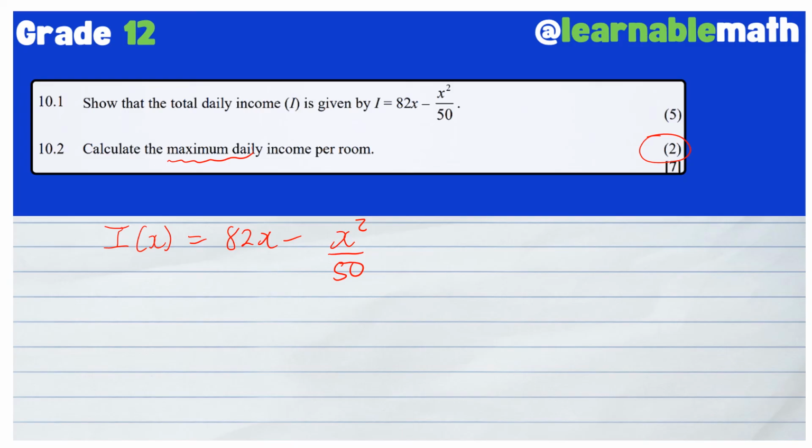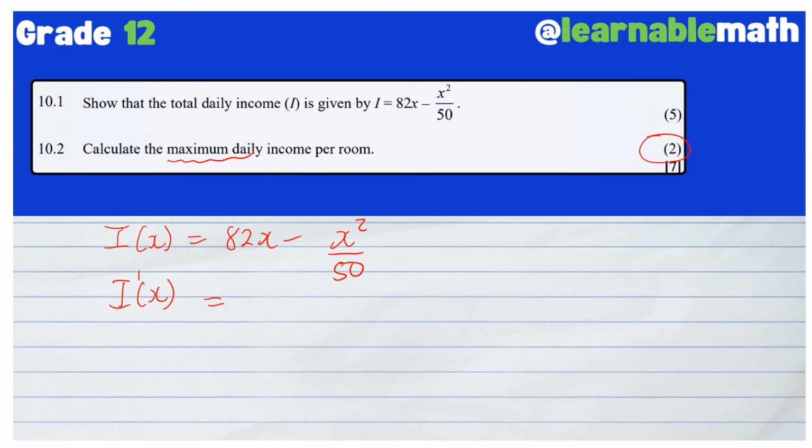We do know that to get the maximum daily income, what we have to do is find what? The first derivative of this. Okay, maximum daily income per room. So we need to solve for x because x represents the rent per room per day.